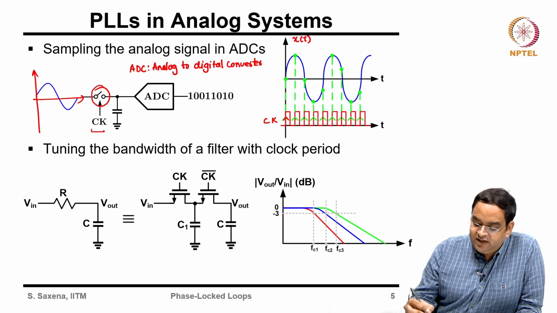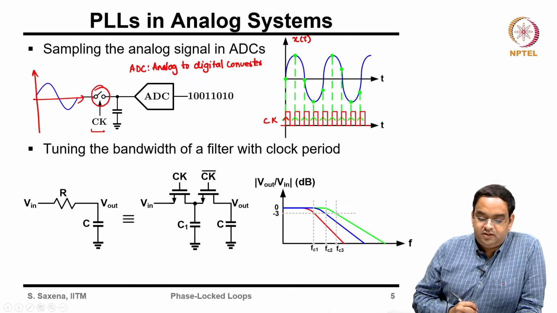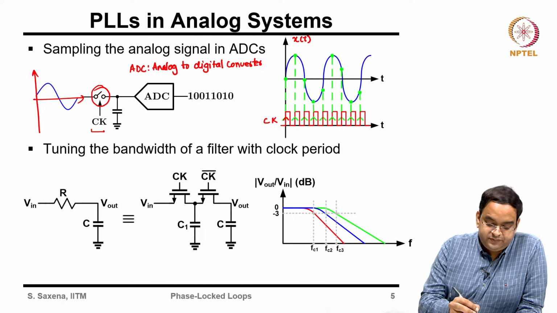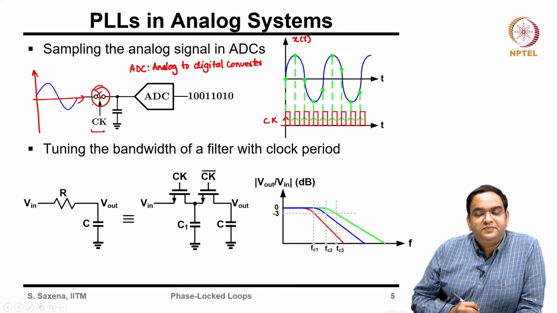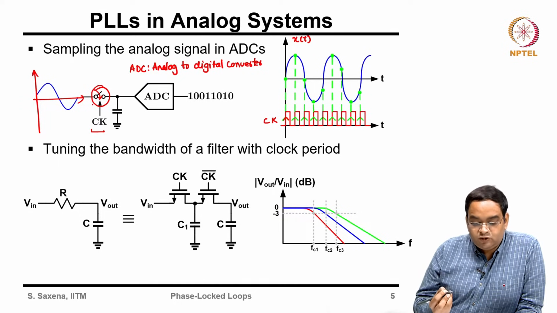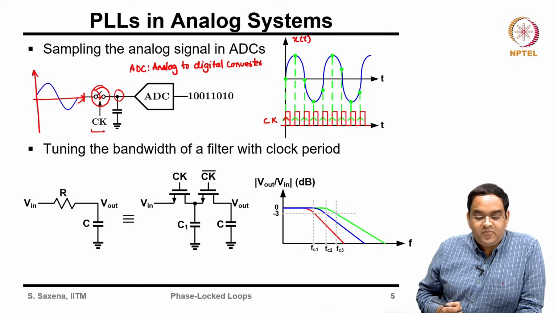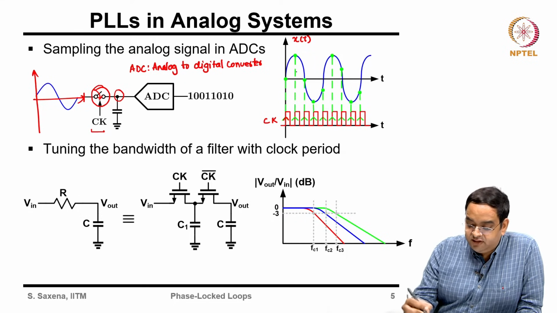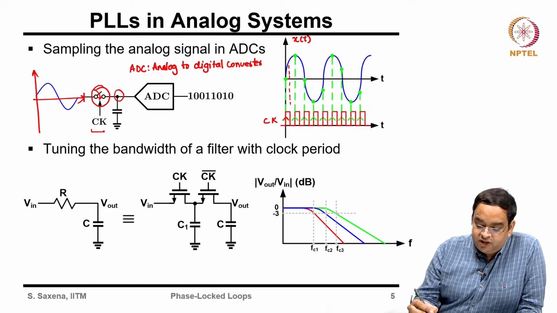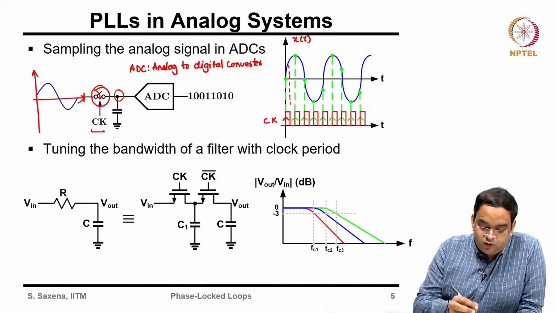At every rising edge of the clock, the switch closes. Okay. And when the switch closes, whatever value of the analog signal you have at the input, the same signal comes here. So, what is going to happen here is, for the rising edge of the clock, the switch closes.